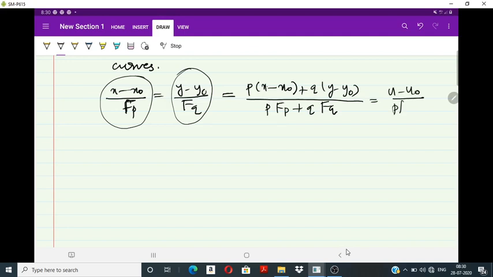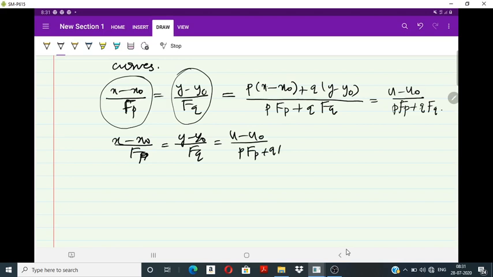So x minus x naught by fp is equal to y minus y naught by fq equal to u minus u naught by p fp plus q fq.